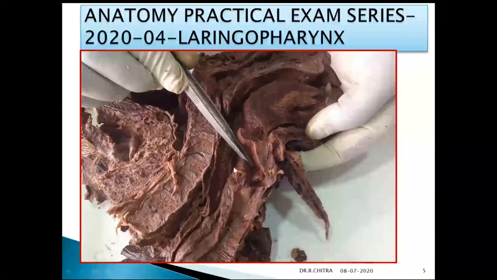So this completes the laryngopharynx: anterior wall, posterior wall, and lateral wall containing the pyriform fossa, which is not shown clearly in this sagittal section of the head. We have seen the boundaries of the nasopharynx, oropharynx and laryngopharynx in detail. We will see the larynx in the next class.